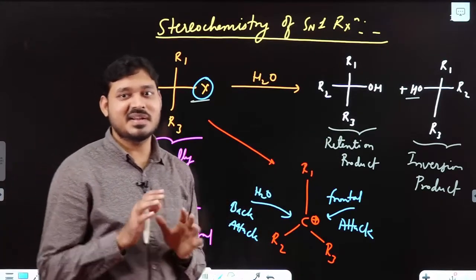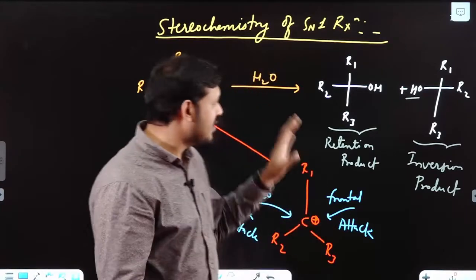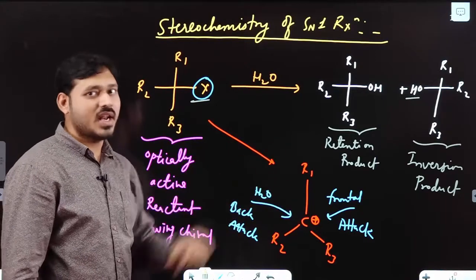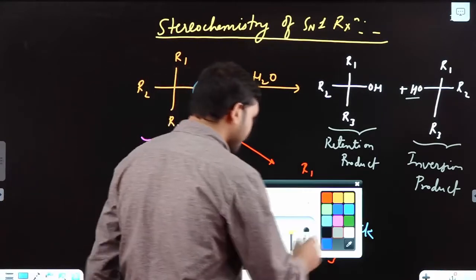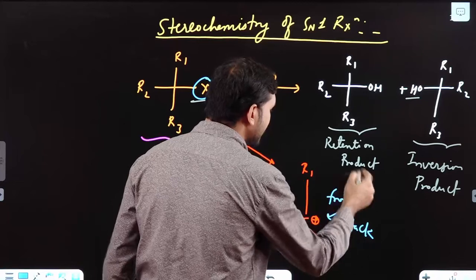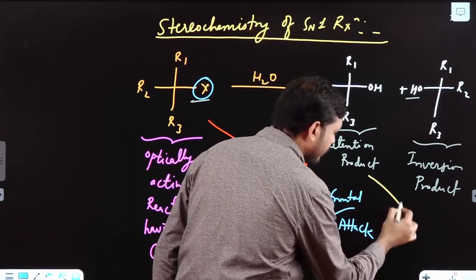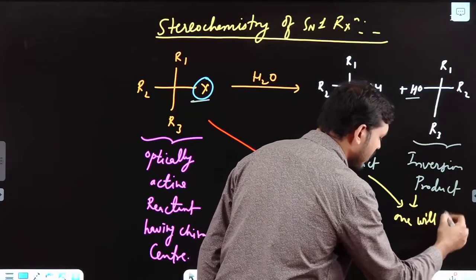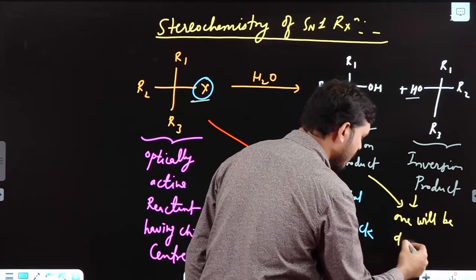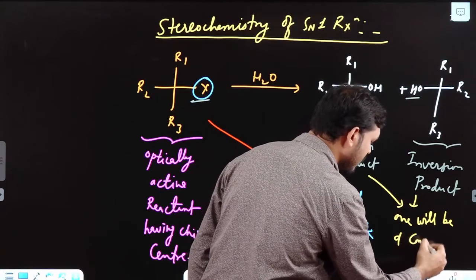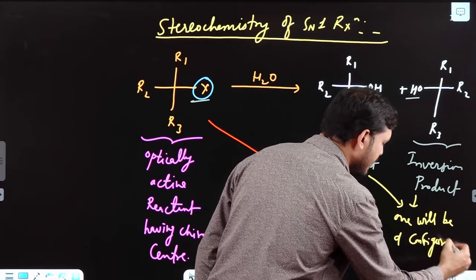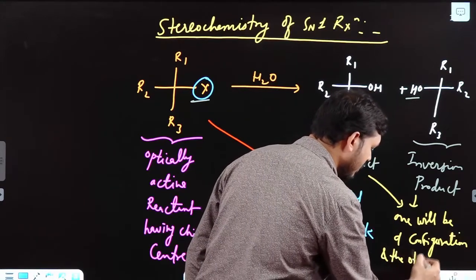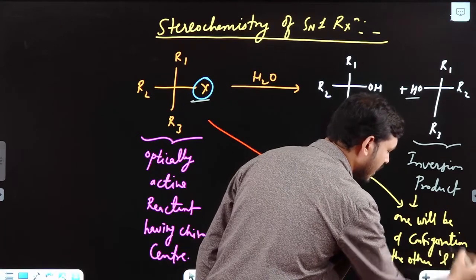Here comes the main question, sir. What will be the composition of this? Whether the product obtained is optically active or inactive? Because as you see in these two, one will be D configuration and the other one L configuration.